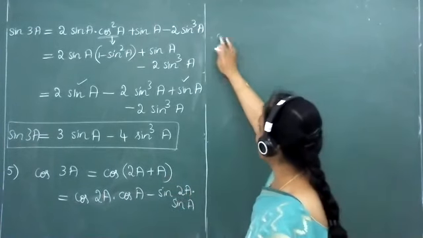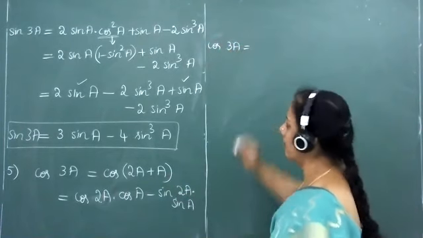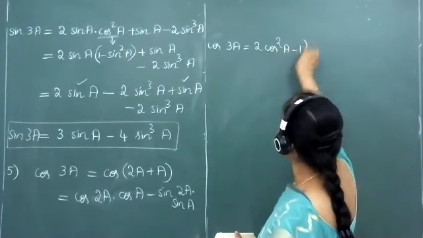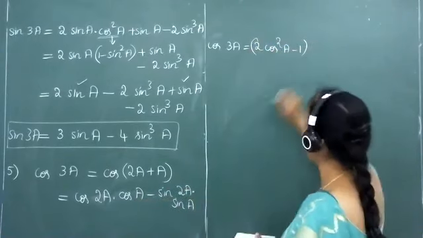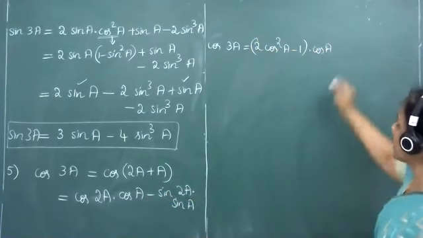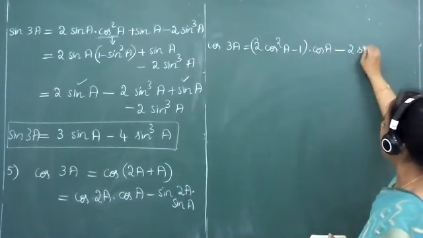So cos 2A will now be taken as equal to 2 cos squared A minus 1. The second factor cos A to be retained as it is, minus sin 2A. Sin 2A, there is only one formula.